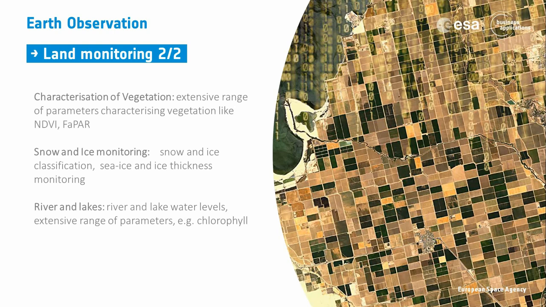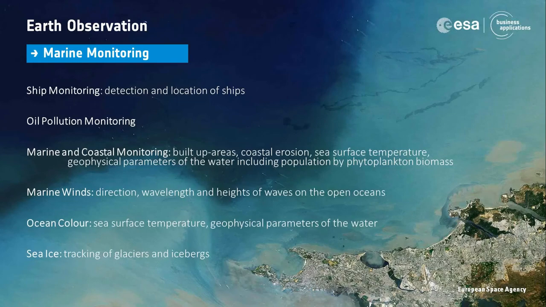Also, if you want to monitor snow and ice, Earth observation can provide you some useful information, for example the classification of snow and ice, the sea ice and ice thickness as well. For rivers and lakes, you can monitor the water level in the different basins, or you can monitor an extensive range of parameters, like, for example, chlorophyll in the water bodies.